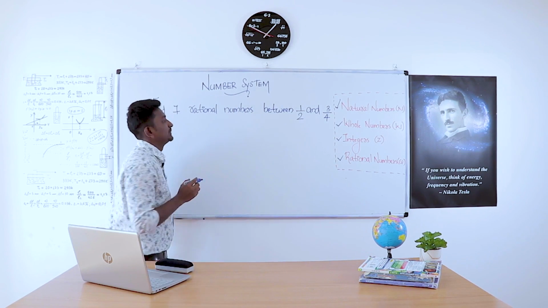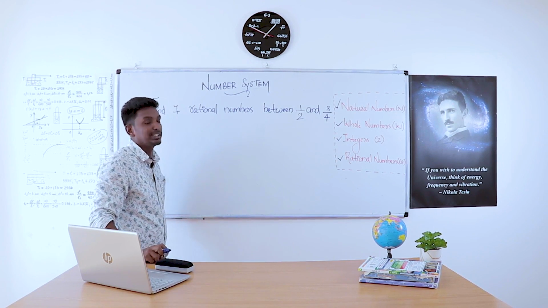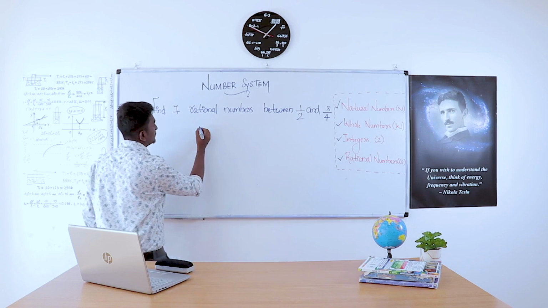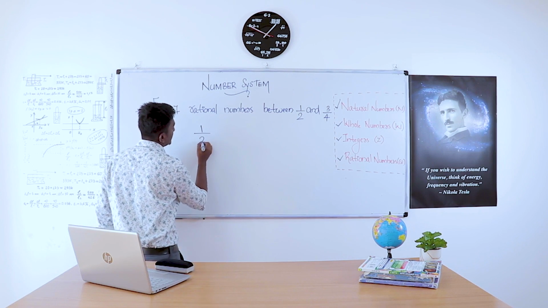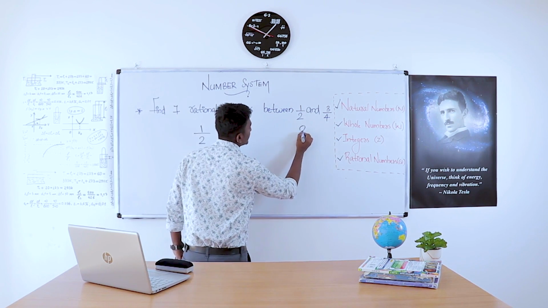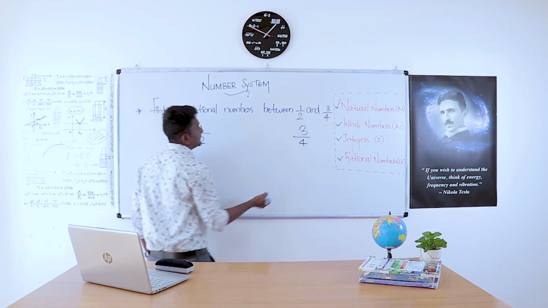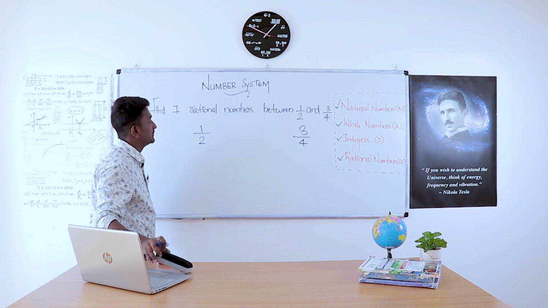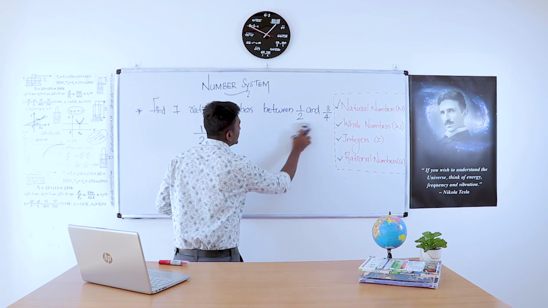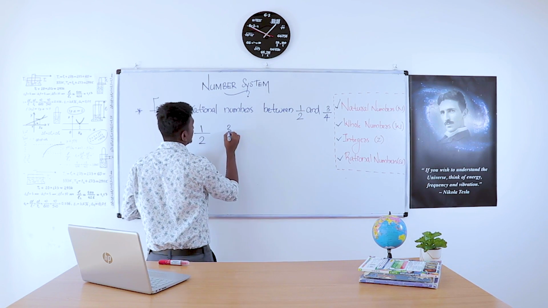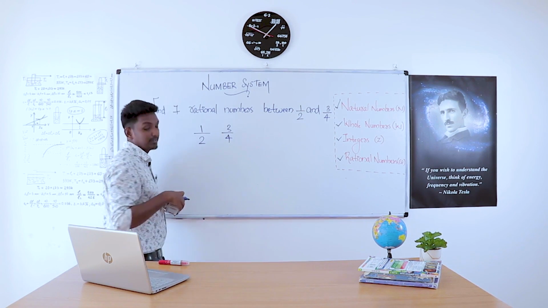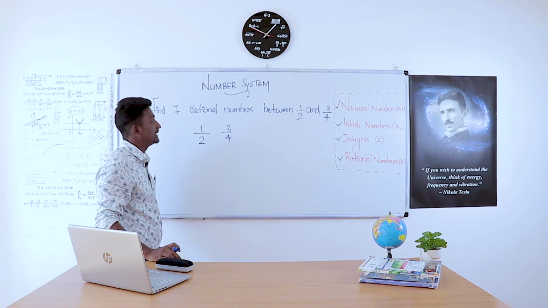Find 7 rational numbers between 1 by 2 and 3 by 4. Now, the numbers are 1 by 2 and 3 by 4. We have to find 7 rational numbers in between 1 by 2 and 3 by 4.